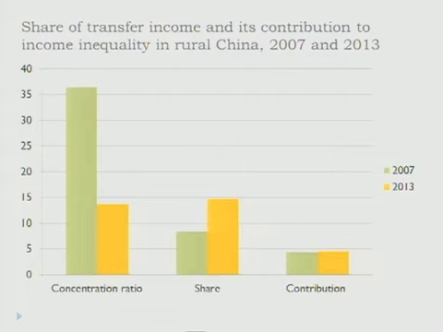The transfer income comes partly from the government and partly from remittances. Even though the share of transfer income increased, its contribution to total inequality in rural areas did not change at all. That means transfer income became more equally distributed among households.